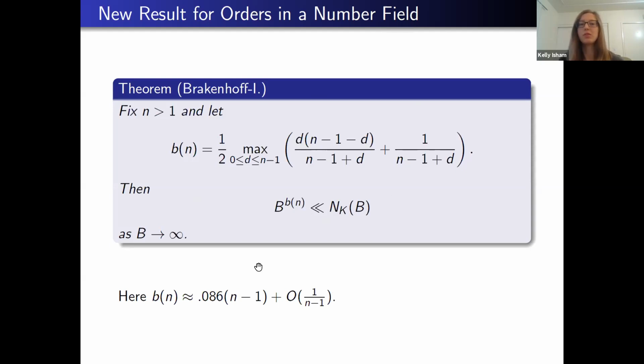If that's too difficult to look at, roughly b is 0.086, so 0.17 over 2 times n minus 1. And then we get a little bit more that's no worse than 1 over n minus 1. So the results from subrings tell us a lot about results about orders in number fields as well.